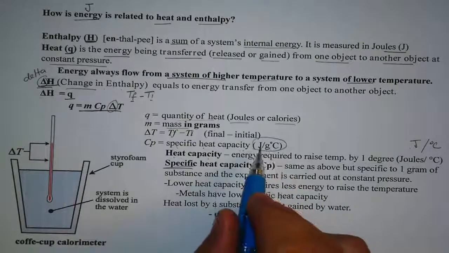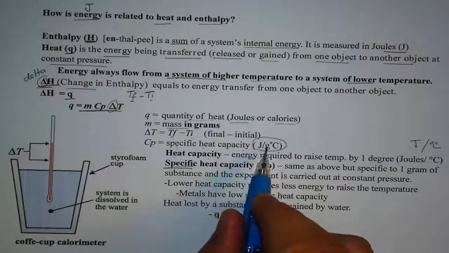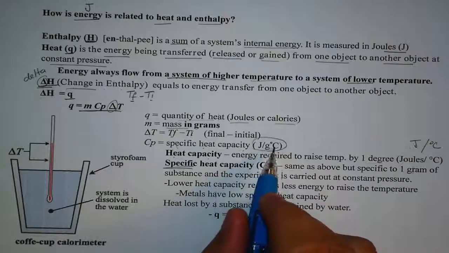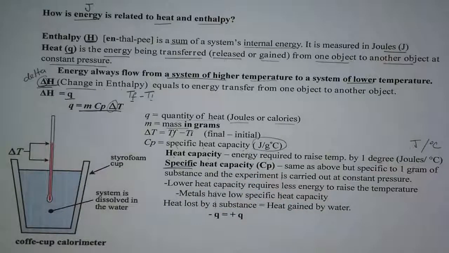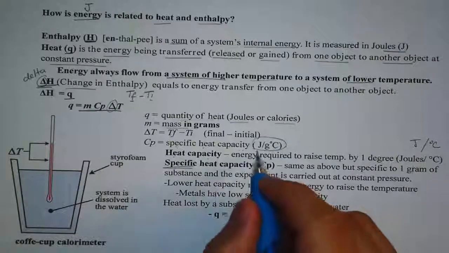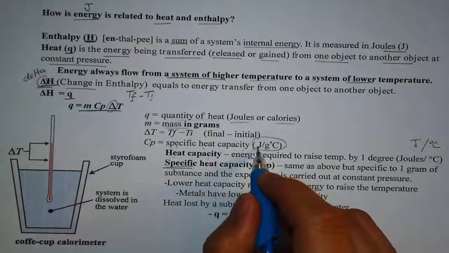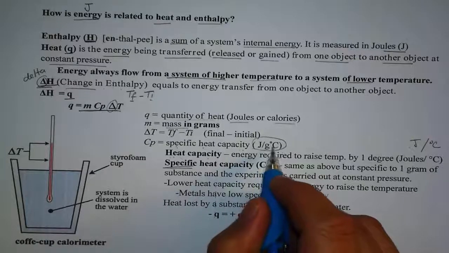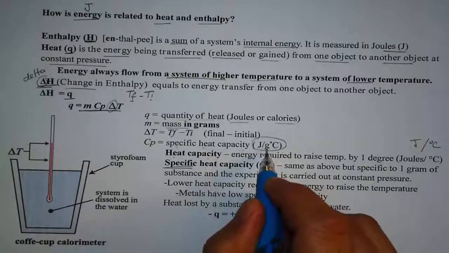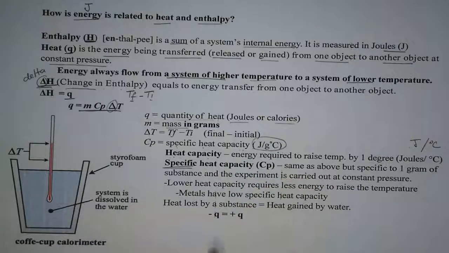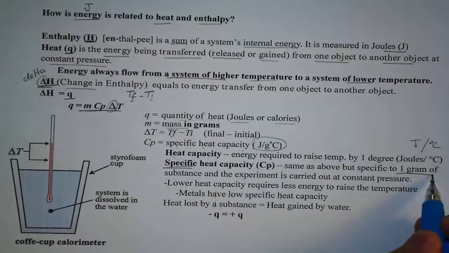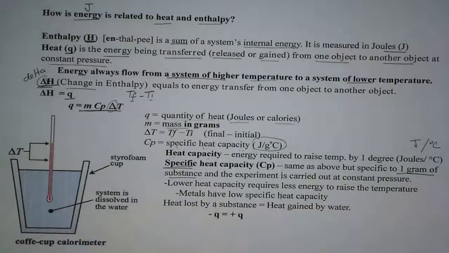If we look at the unit of specific heat capacity, we have energy divided by gram and Celsius. Basically, different objects have different heat capacities, because it requires a different amount of energy to raise 1 degree Celsius for that 1 gram. So keep that in mind, it is per 1 gram of the substance. That's very important. So that's specific heat capacity.